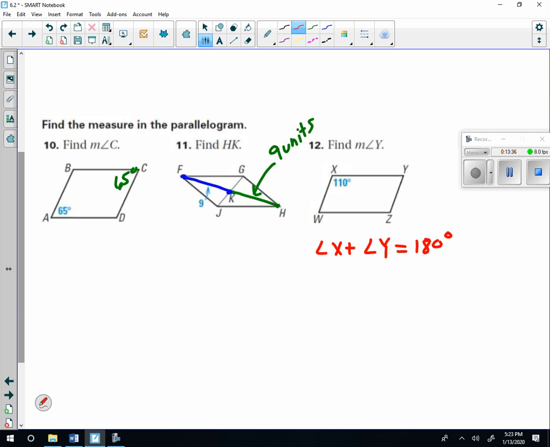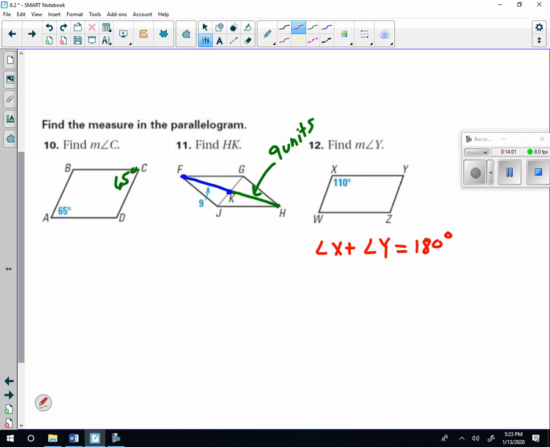And again, what do we mean by consecutive? It means two angles in a row. So we could say angle X plus angle Y equals 180 degrees. Another option would be angle Y plus angle Z equals 180 degrees, or angle Z plus angle W equals 180 degrees, or angle X plus angle W equaling 180 degrees.